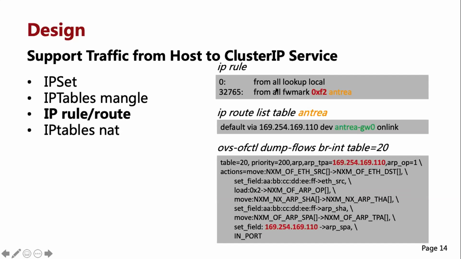The traffic from localhost will be routed by the IP rule, and then it will be routed to entry GW0.